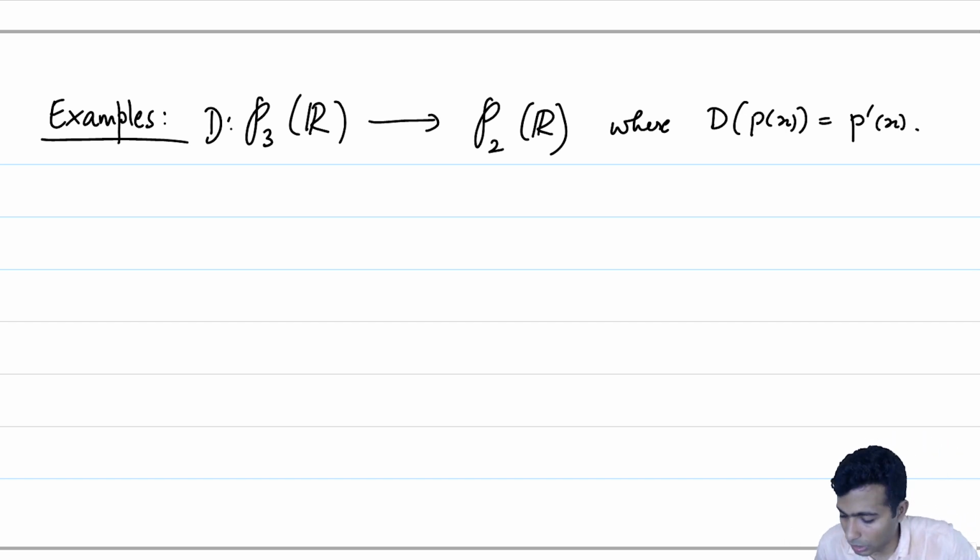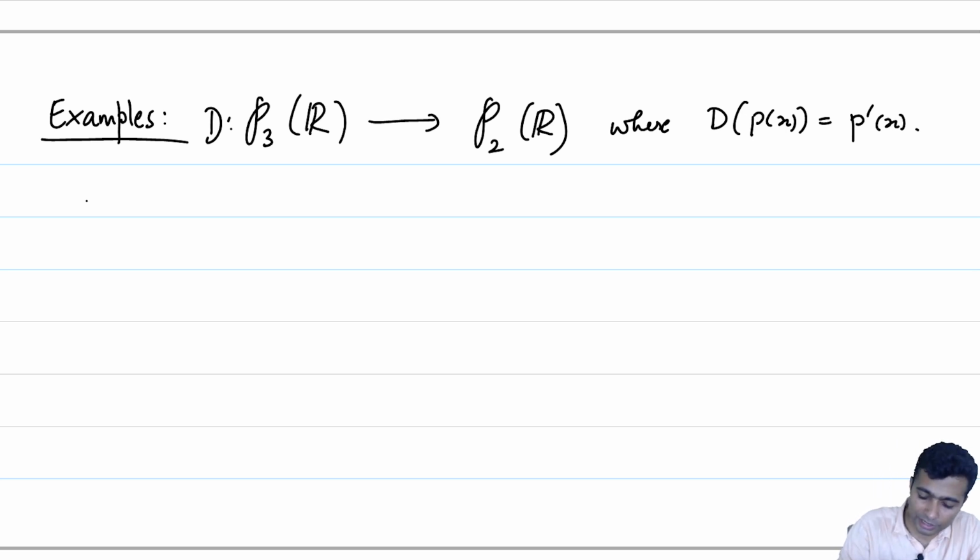So, what do we know about P3 of R and P2 of R? We know that P3 of R is 4-dimensional, P2 of R is 3-dimensional. We also have at least the knowledge of one coordinate basis here. So, let beta denote the coordinate basis here, which is given by 1, x, x square and x cube.